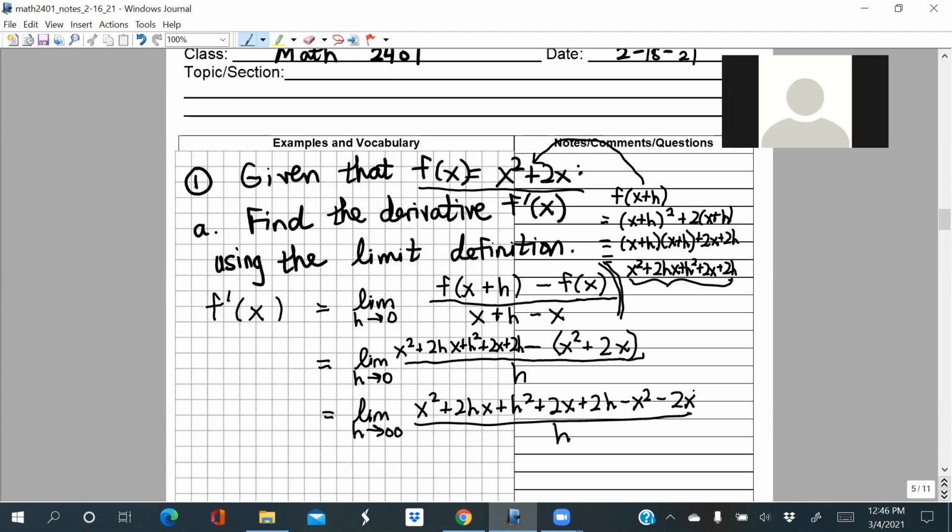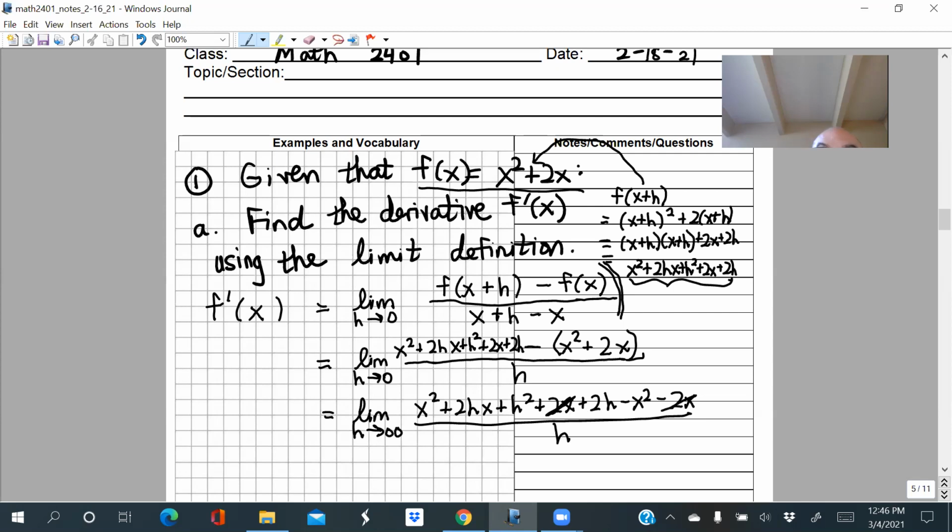The same values they have, the 2x and the 2x. Yeah, this 2x goes away, right, with this 2x. And what else goes away? And the 2h. No, this is 2hx, and this is just 2h, so that doesn't go away, unfortunately. But something else does go away.